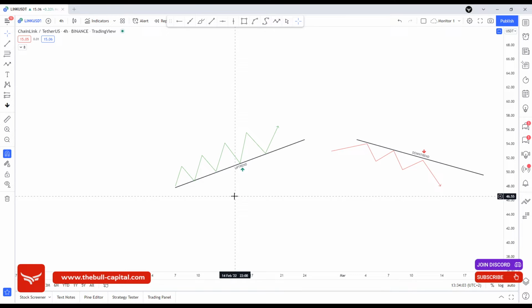It's gonna have multiple bounces until sometime in the future it's gonna be broken down and a downtrend is gonna start. So the market moves in trends, in uptrends and downtrends, and a trend is formed by multiple swings, okay?